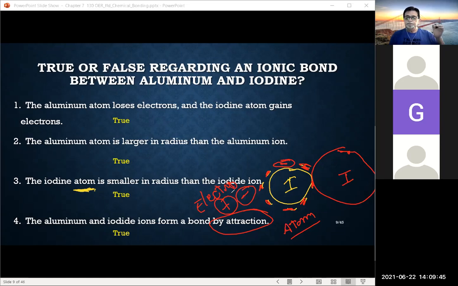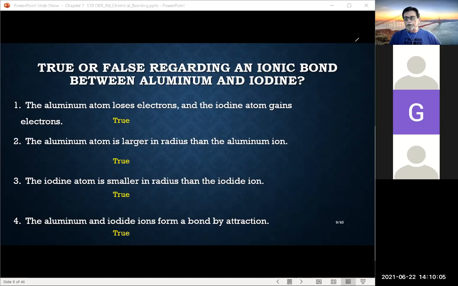And that's why number 4 is true, because that is how one forms an ionic bond. It's an electrostatic attraction between a metal and a nonmetal, compared to a covalent bond, which is totally different. We're actually sharing electrons.